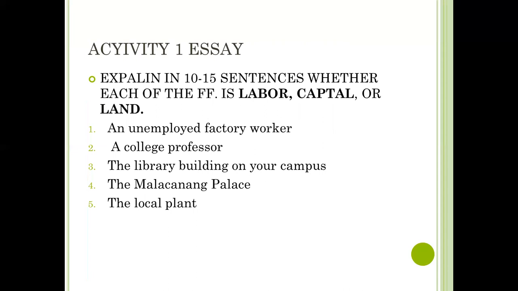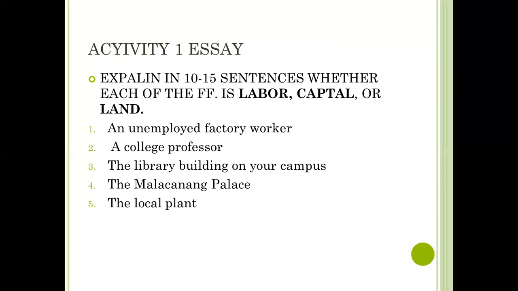So before ending this week 2, I will require you to answer Activity 1, which is an essay form. We have two activities, but I will just require you to submit Activity 1 and answer it. So explain in 10 to 15 sentences whether each of the following is labor, capital, or land. Remember, these are the four factors of production.